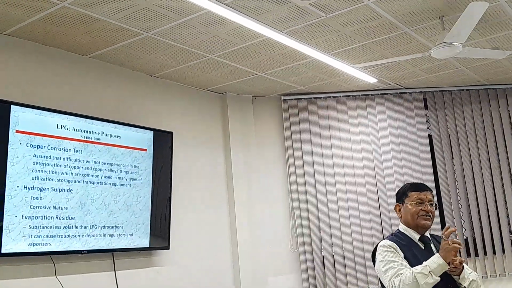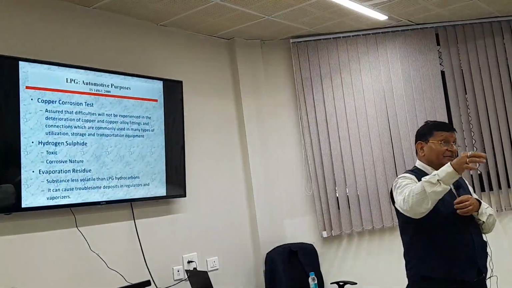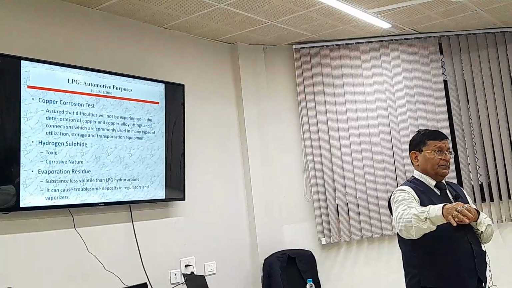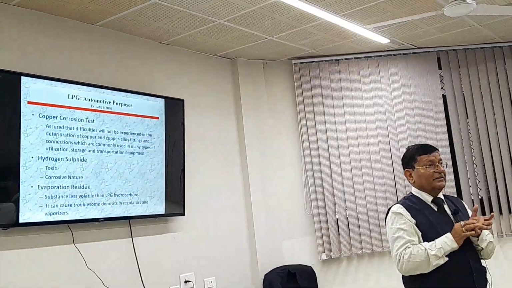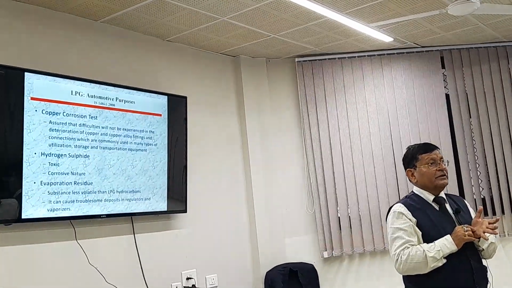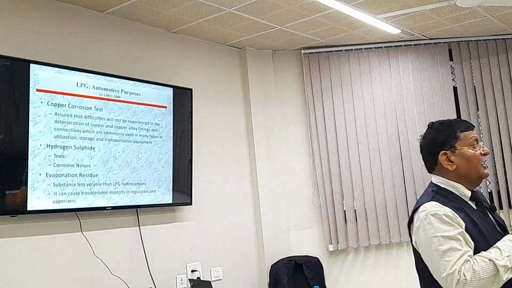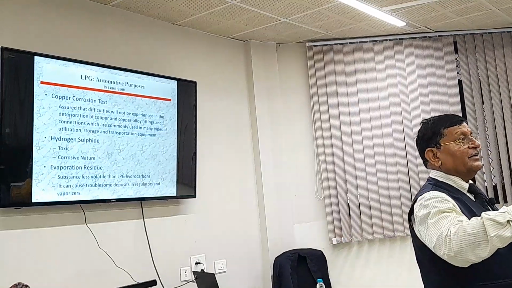size is standard, and then dip that copper strip in the fuel at the desired temperature. It is always specified with the copper strip corrosion, either done at 50 degrees C, 100 degrees C, 40 degrees C, or 38 degrees C, and for a certain period.